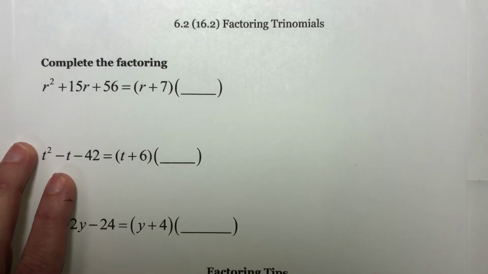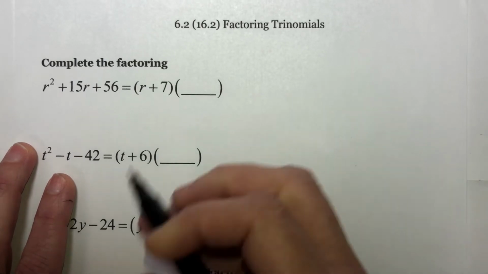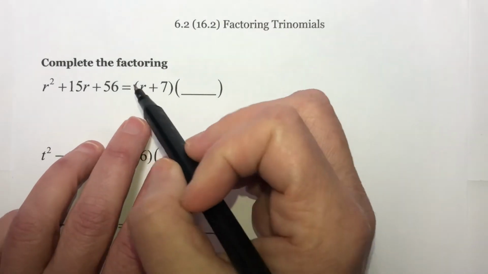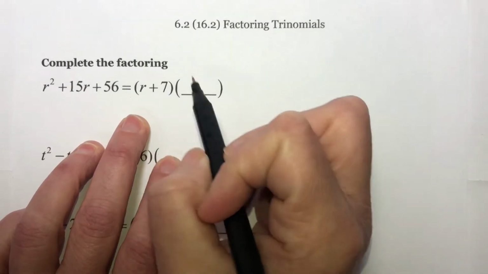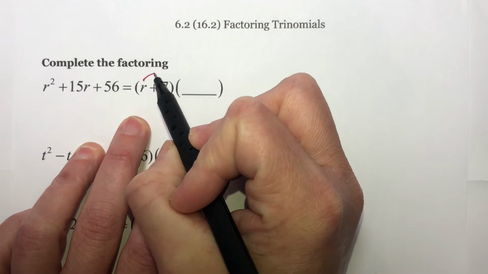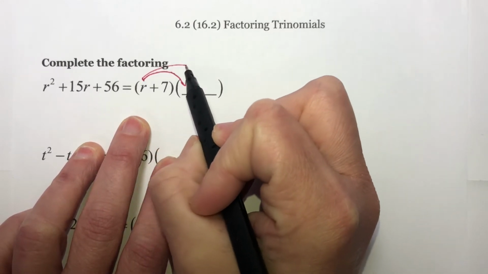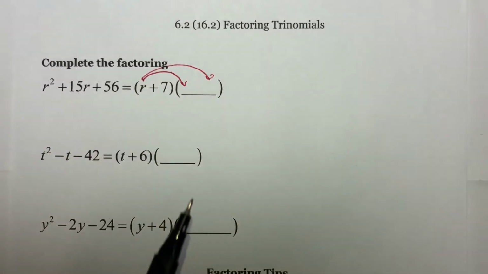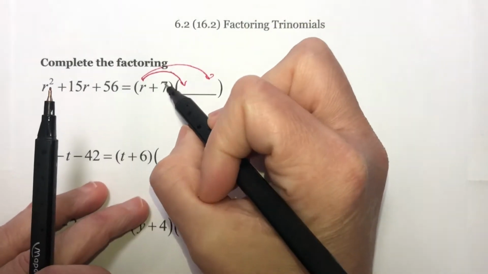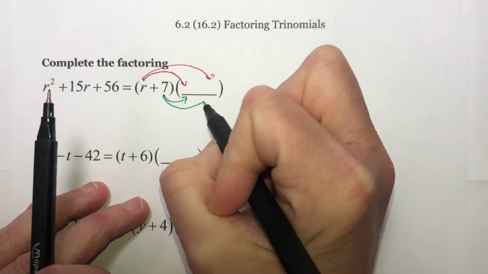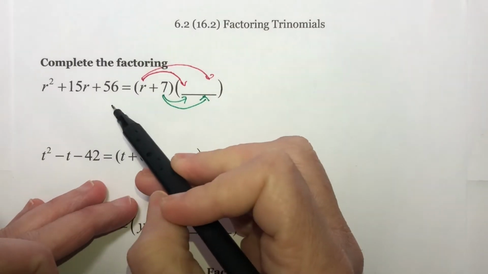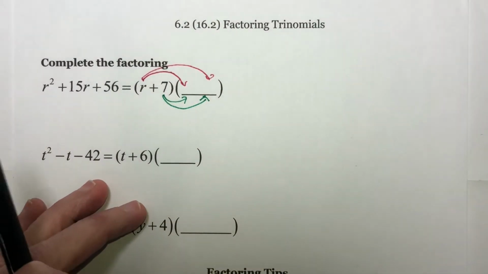Now, to get a trinomial, generally what we're going to be doing is factoring. It's basically reverse FOIL. So this times something, this times something, and then we come back with the 7 and do the same thing. And we're supposed to end up with this at the end of it.